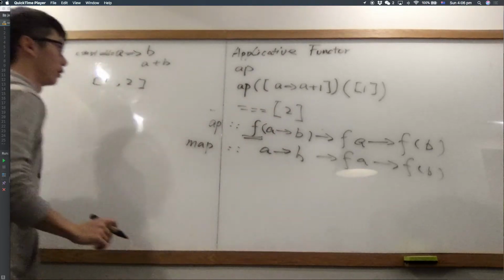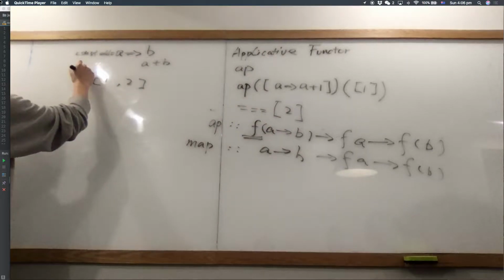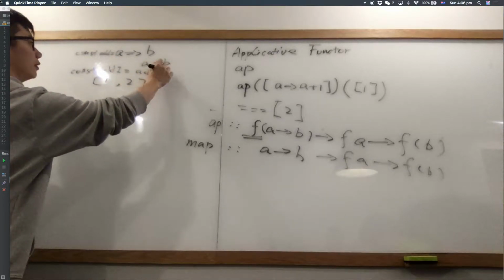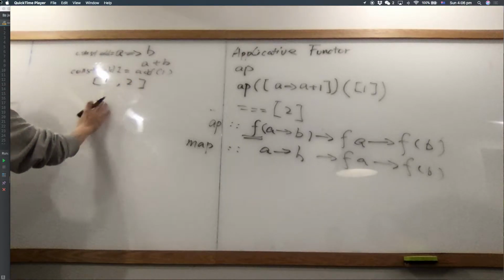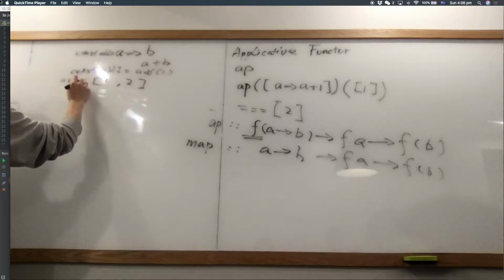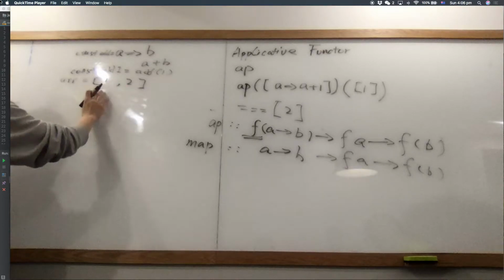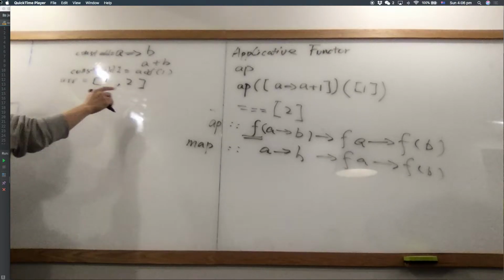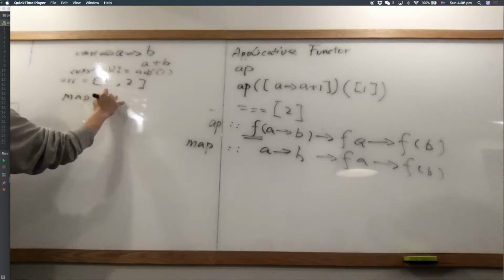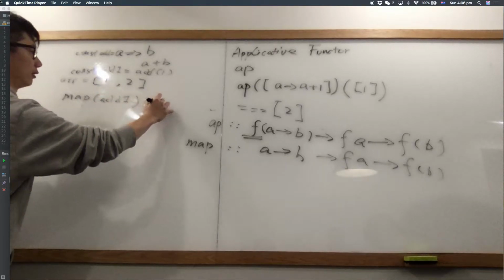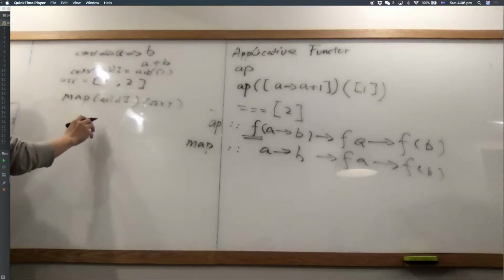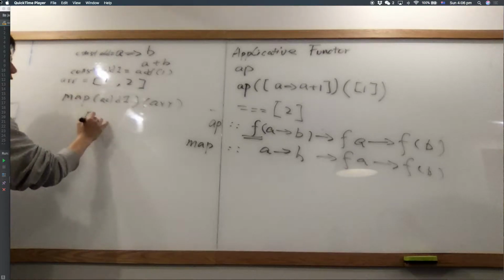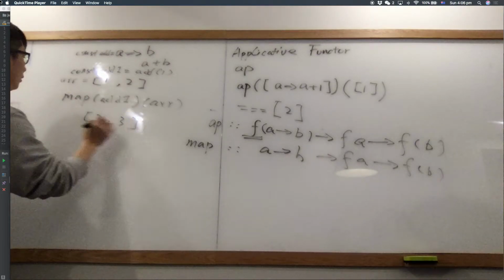I have another function called add1 equals add with 1. That's easy enough. I have an array with numbers inside, 1 and 2. In order to transform that to 2 or 3, it's very easy, right? So map add1 and then the array here.